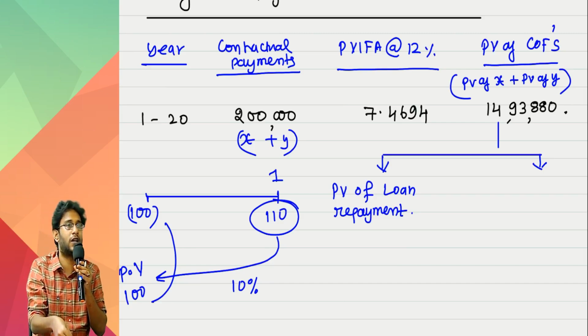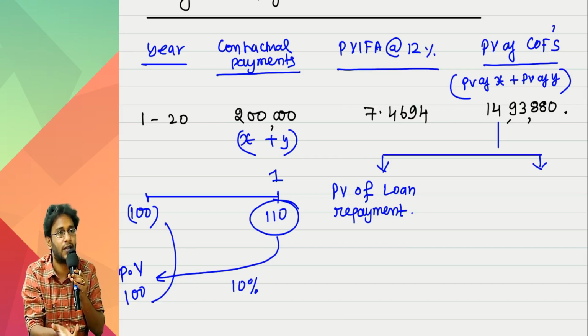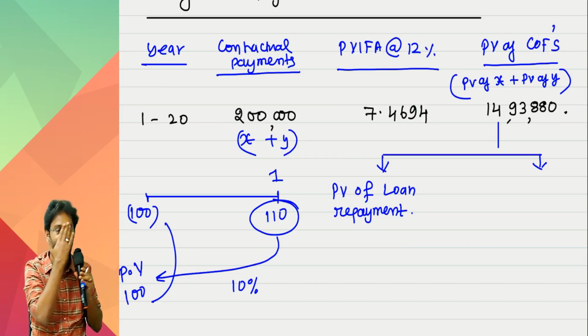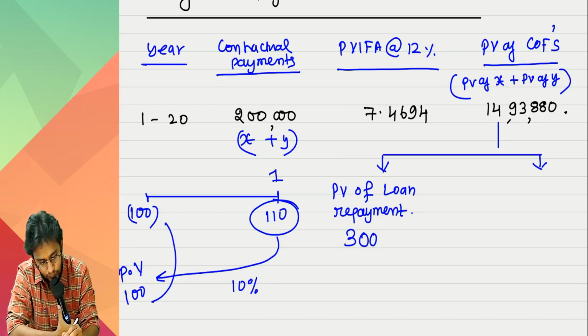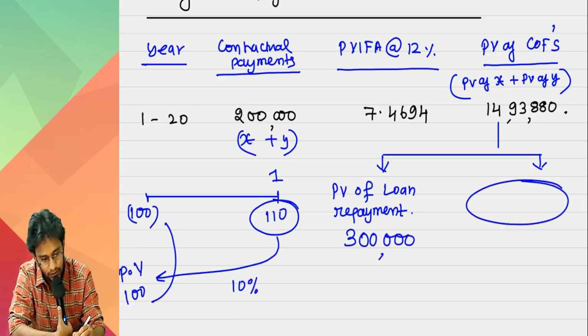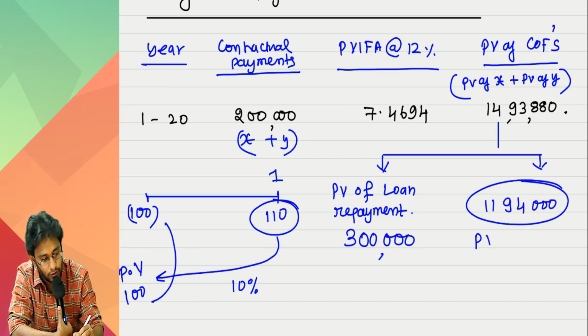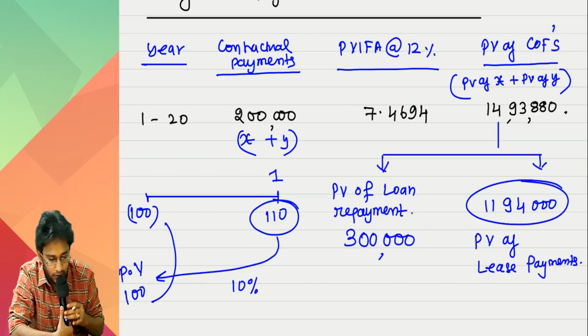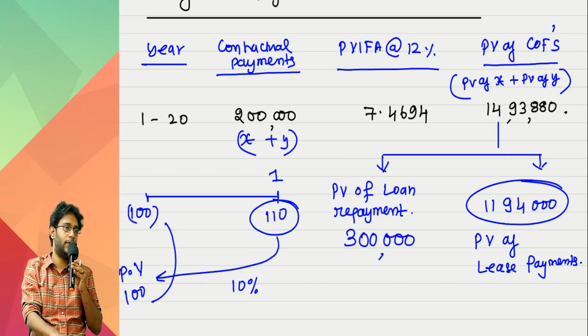The present value of loan installments will be equal to the loan itself, that is 3 lakhs. So the remainder, which is 11 lakh 94,000 approximately, is the present value of actual lease payments. This is the present value of real lease payments.